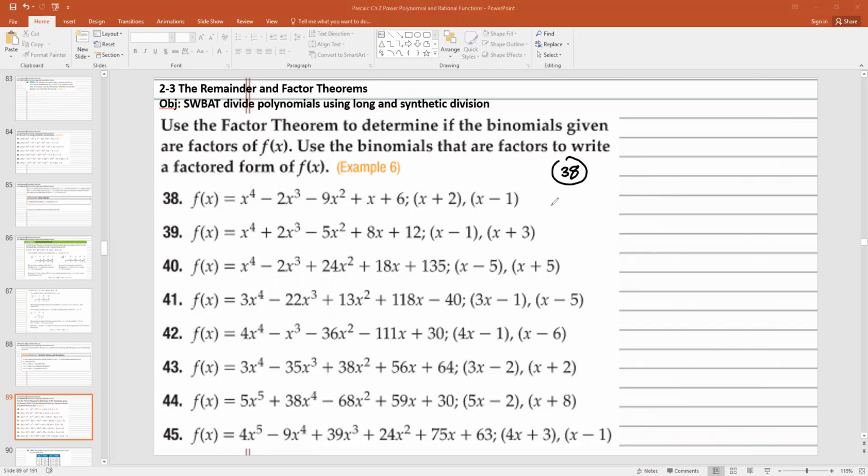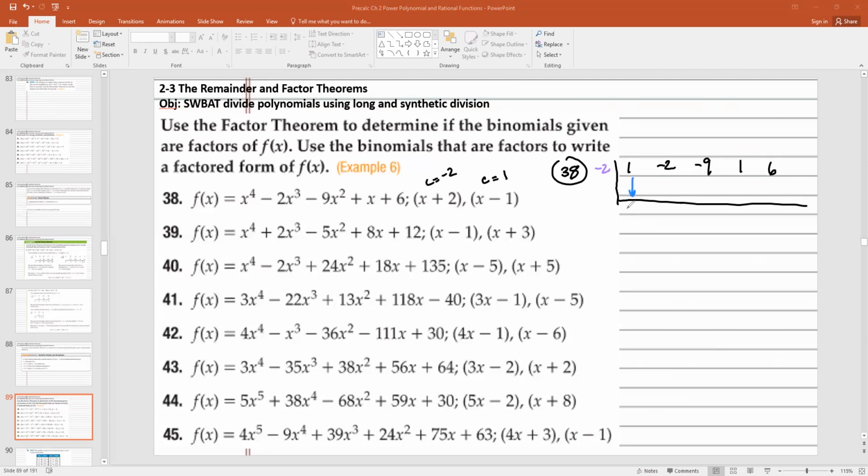So the first one that we want to check, we're going to check x plus 2 first. So here, this is our c is -2. Remember, you always want to think opposite. Here the c is positive 1. Our first c is negative 2. Let's check. Our coefficients are 1, negative 2, negative 9, 1, and 6.